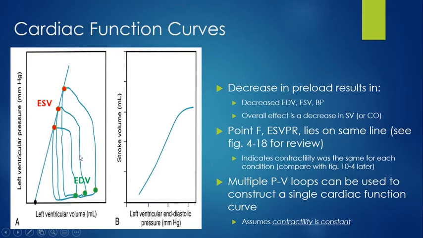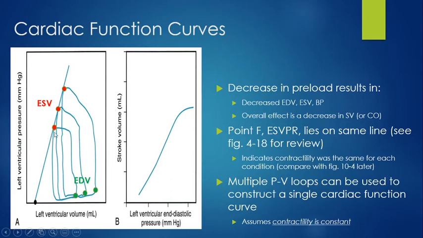Even though you are ejecting more blood out as preload increases, you had a higher starting amount of blood, so that's going to increase the amount of blood left over. That's good for the sequential beats after that, right? Because that increase in volume is going to help the amount of blood for the next beat and the next beat. So by increasing preload, we shift everything to the right, and by decreasing preload, we shift everything to the left.